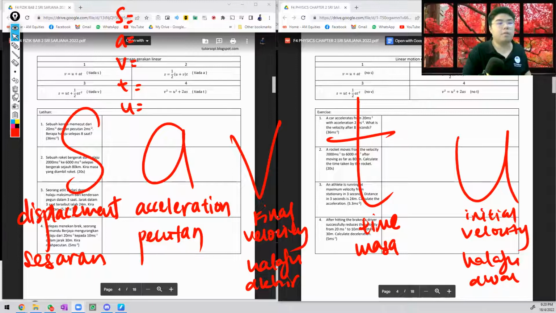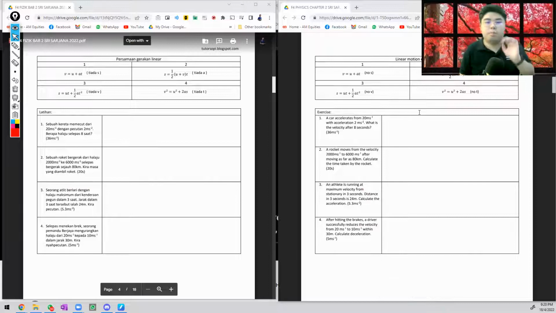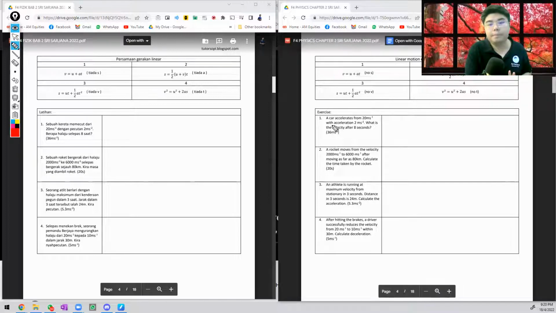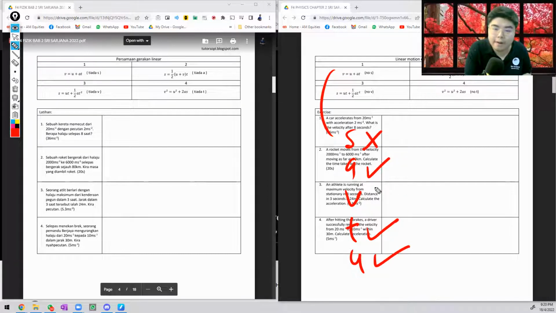Okay, let's take a look at these 4 equations. So first, bare minimum, we have V equals U plus AT. This is an equation that you will use when you do not have S. There is no displacement, you will use this. So that means you can see from here, number 1, SUVAT, you are given A, U, T, not given S, you are finding V. Yes.